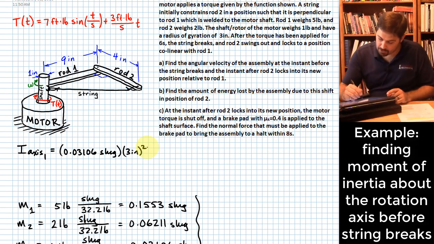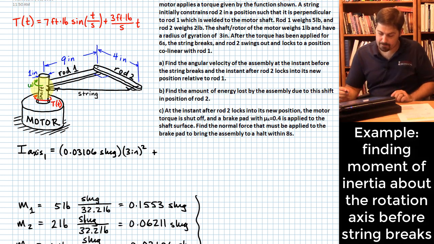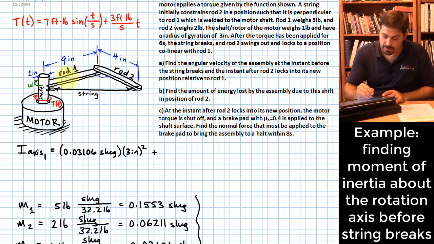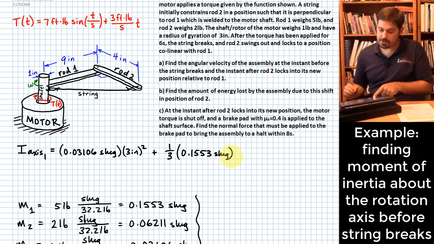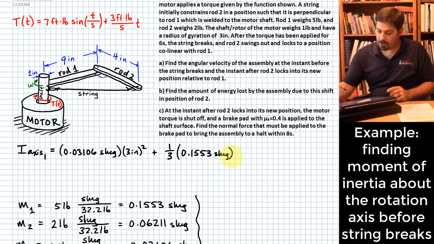All right, the next part comes from rod 1. All right, rod 1, one of the nice things you can do there is, if you look it up in the table, which I will skip doing right now, hopefully you take my word for it, that it gives you, one of the formulas is 1/3 of the mass of that rod, the mass of that rod being 0.1553 slugs times the length of that rod squared.